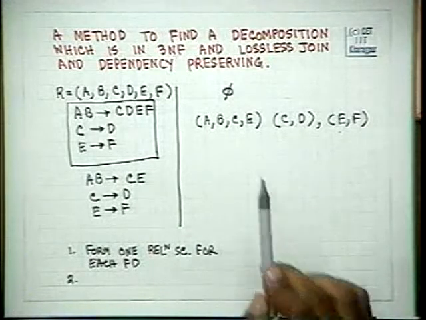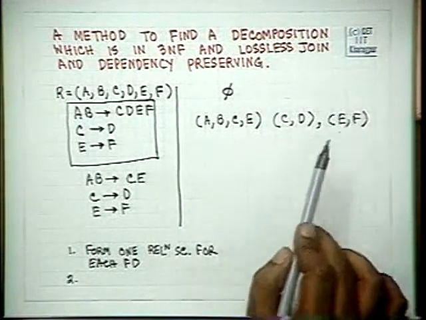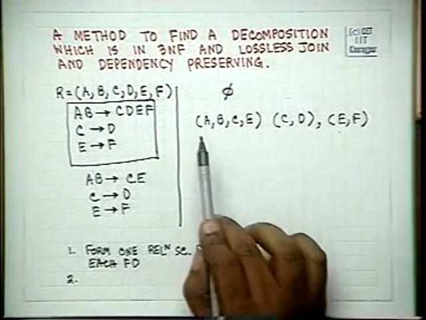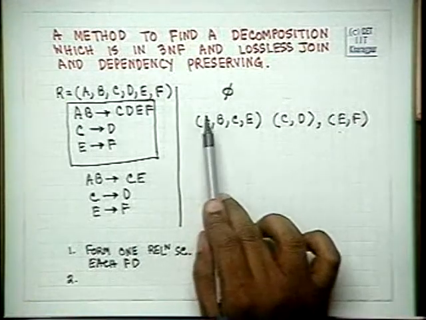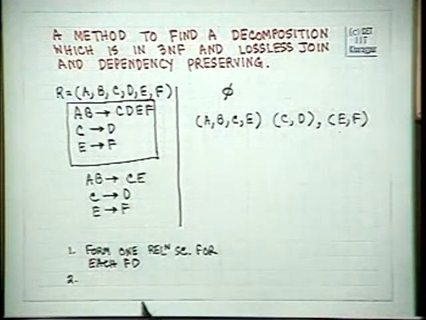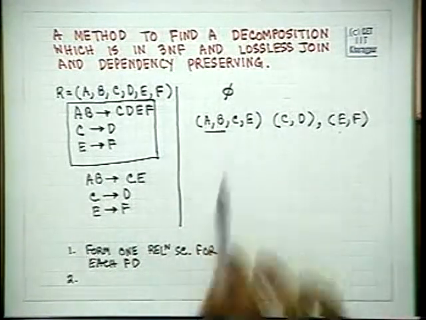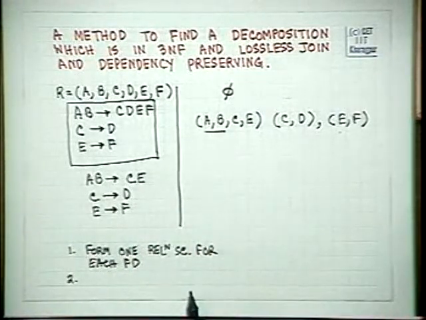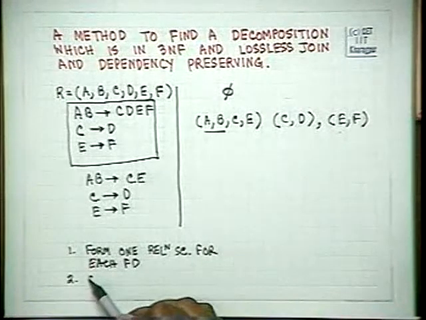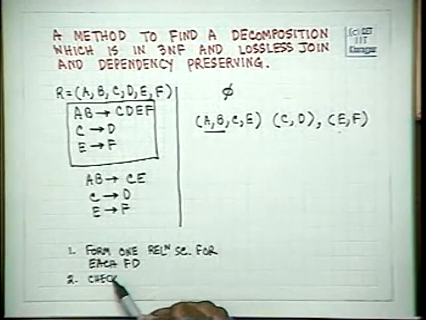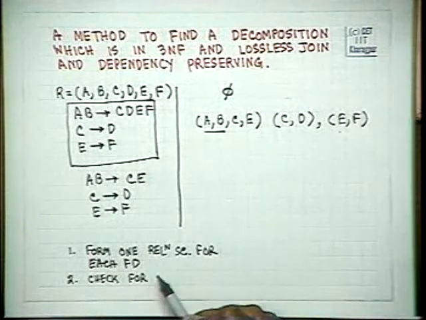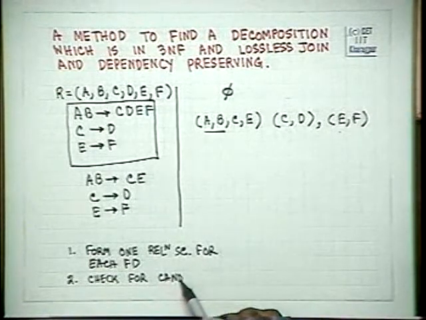That is, any one of the relations contains in its attribute set a super key of the original relation. In this particular case, AB is a candidate key, so it is contained here. So that is satisfied. So check for candidate key.